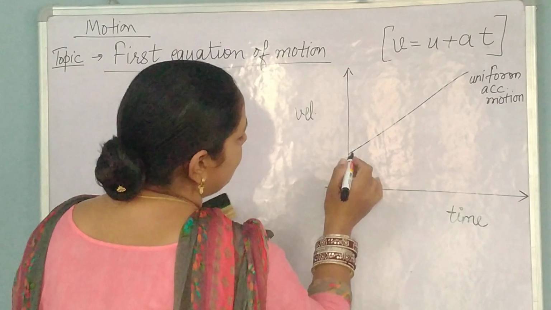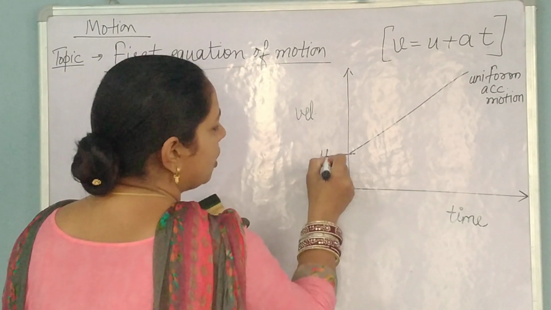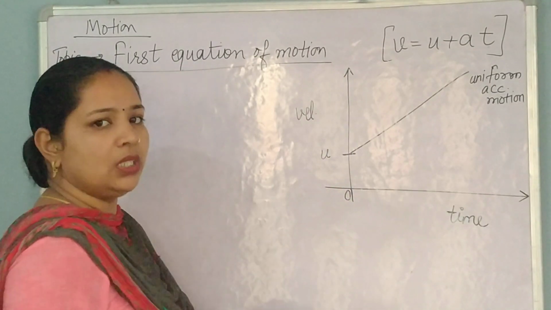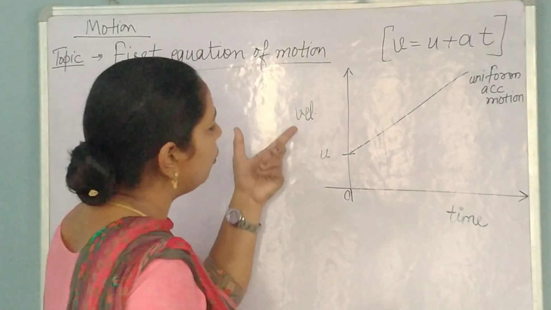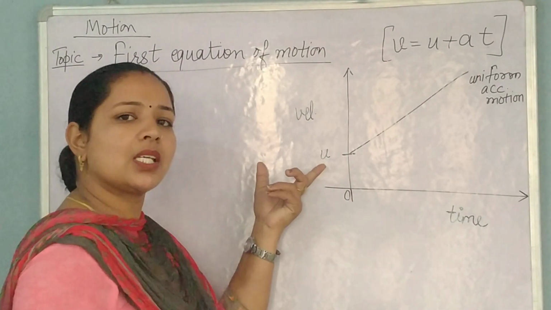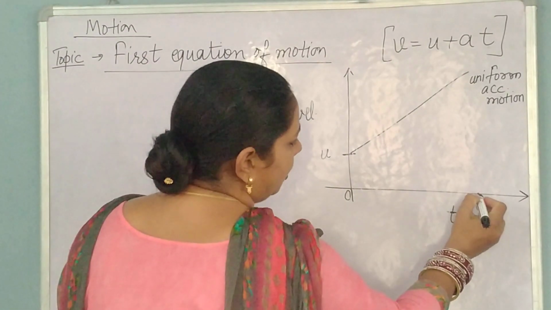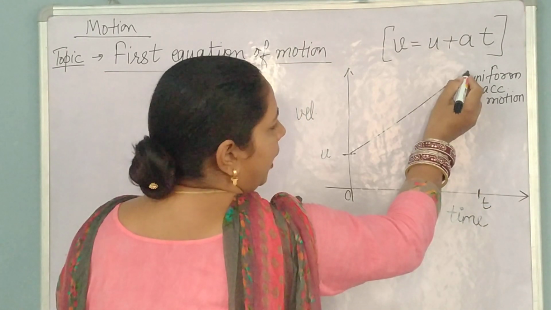I have chosen a value here. This represents initial velocity whenever time value is 0. Means जब हमने हमारी ऑब्जर्वेशन स्टार्ट की तब हमारी बॉडी कुछ इनिशियल वेलोसिटी से चल रही थी, that is u. And after time t, suppose this is the time t, the body reaches up to here.